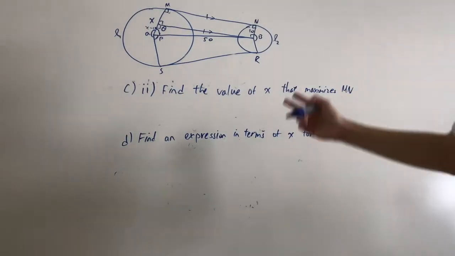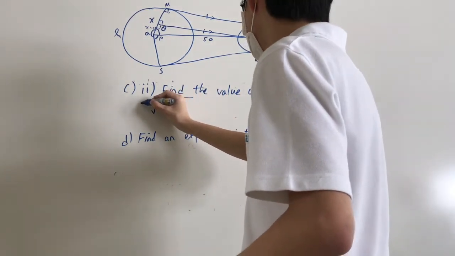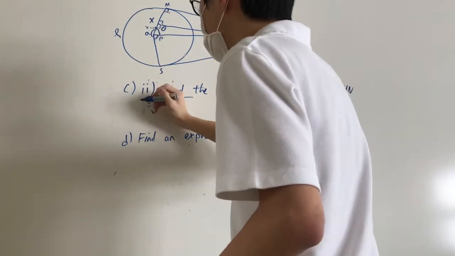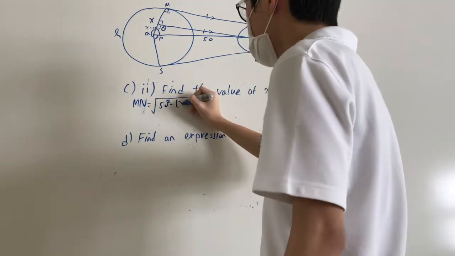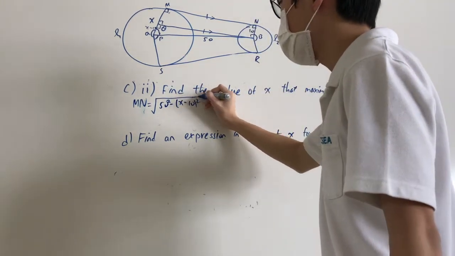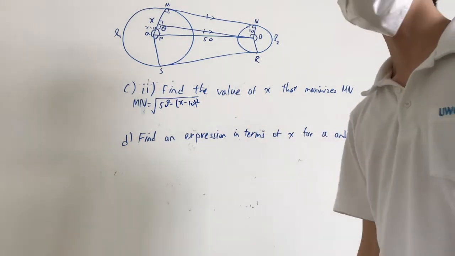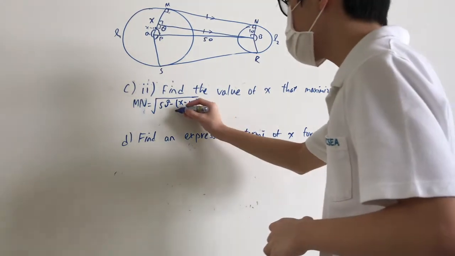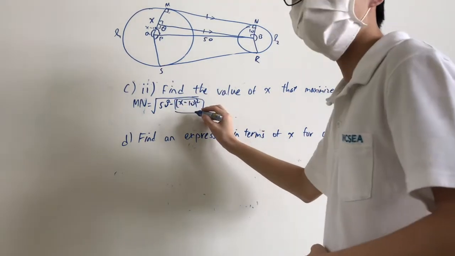Now this is the second part of the other question. Since we know MN is the square root of 50 squared minus (x minus 10) squared from the first part, in order for this value to be maximized, you can either plot on the GDC or use some deduction. This part is always positive, so we're always subtracting a positive number.